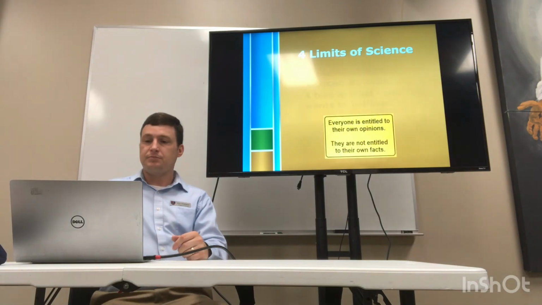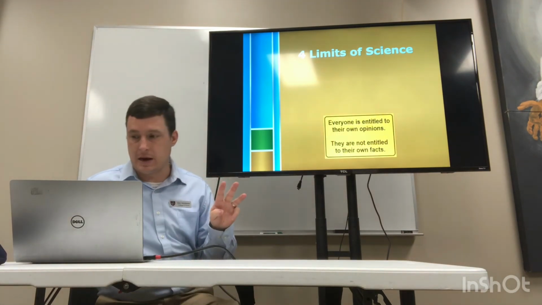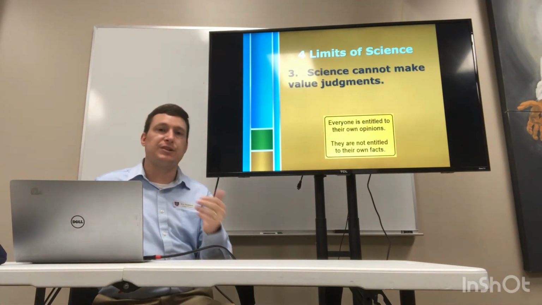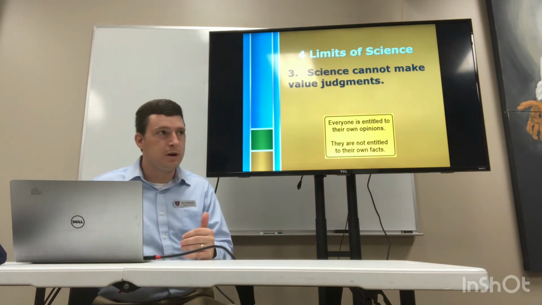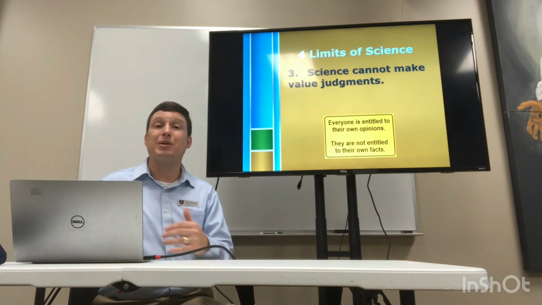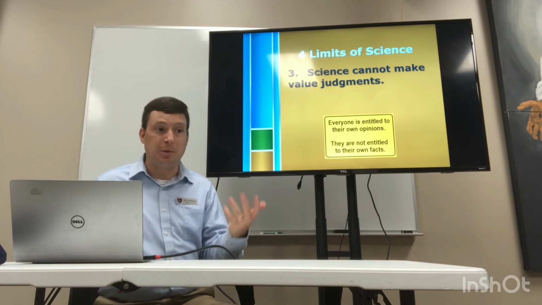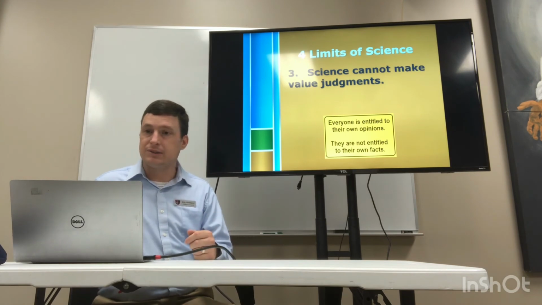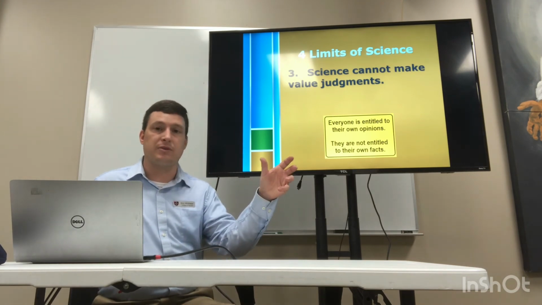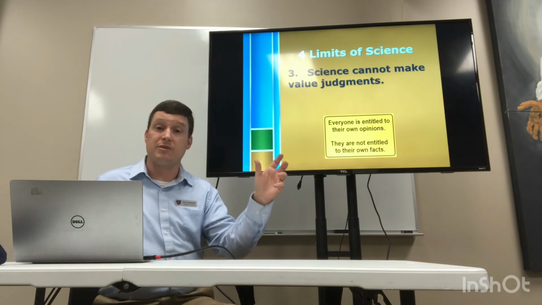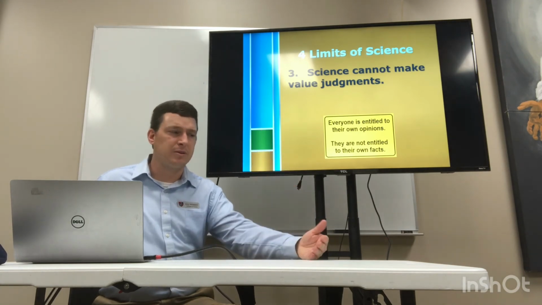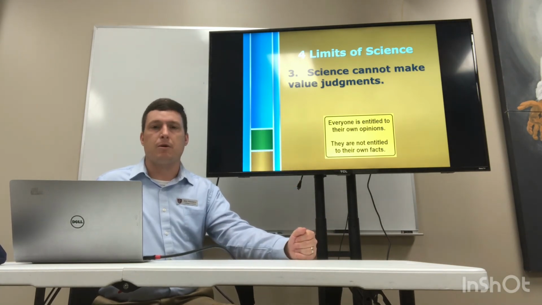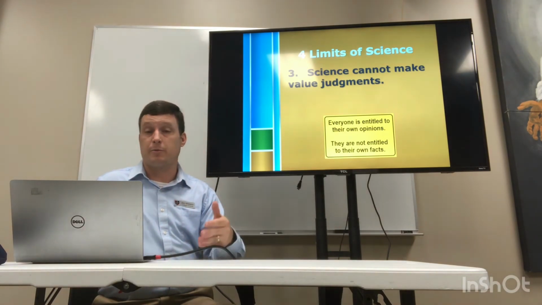Now, a third limit of science: science cannot make value judgments. In other words, we don't make judgments on opinions in science. We don't test opinions. I could say, for example, if I had a cup of coffee, this is the best cup of coffee I've ever had. Well, that's an opinion. There's no way to test it. One person's opinion may be different from another person's opinion.